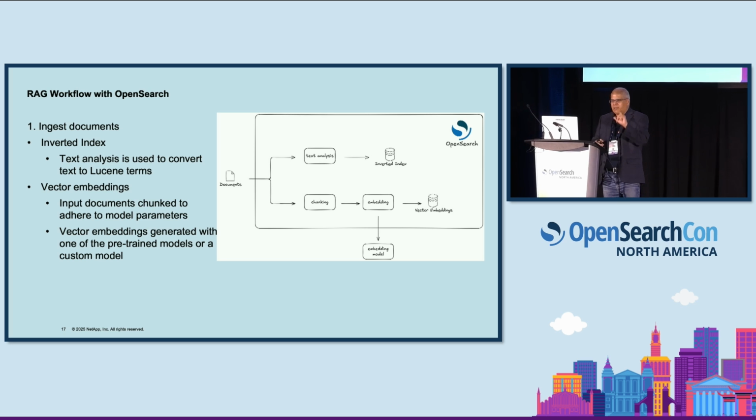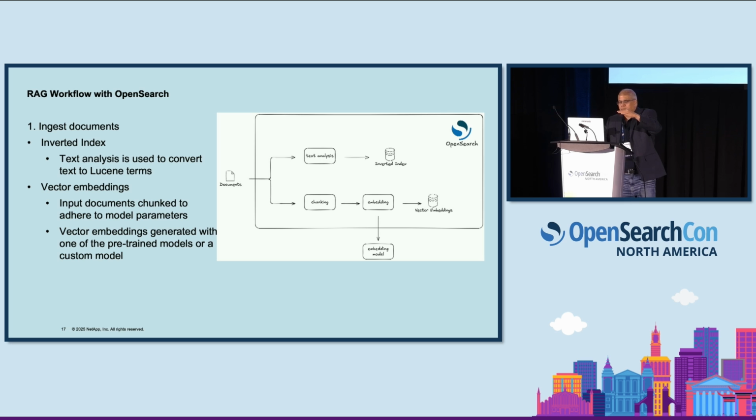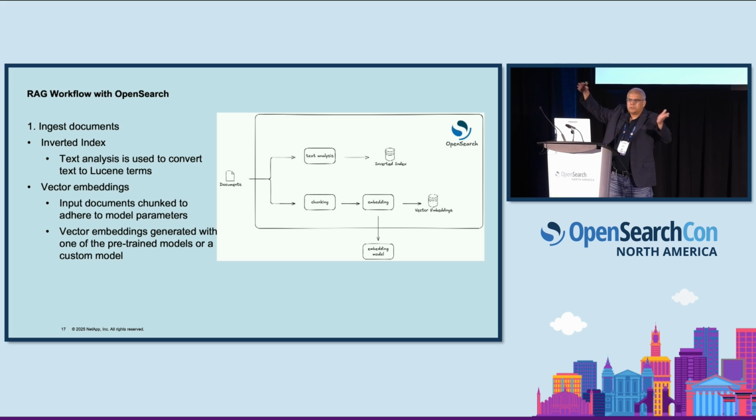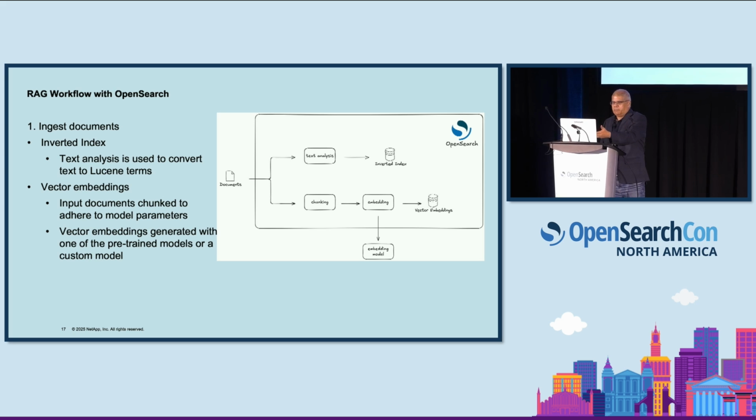In this case, I'm taking an example of a document. With this document, you divide it into text analysis and create embeddings. Once you do text analysis, you can store that in an inverted index, and everybody who's using OpenSearch probably knows that. The second is to create embeddings and store them in a vector database.